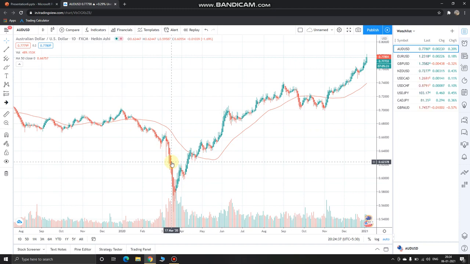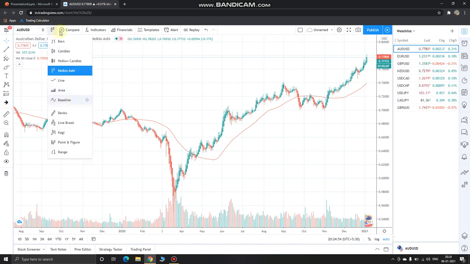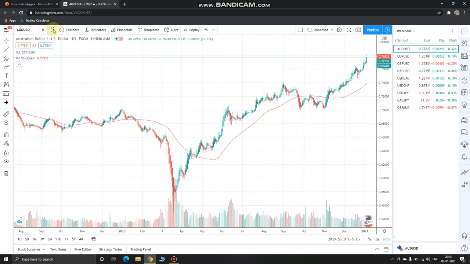As the text part said, Heikin Ashi chart mainly helps us to ride the trends because the main money is in riding the trend. Because candlestick chart sometimes can be confusing if you're not an experienced trader. So in that case, you can easily use Heikin Ashi chart.